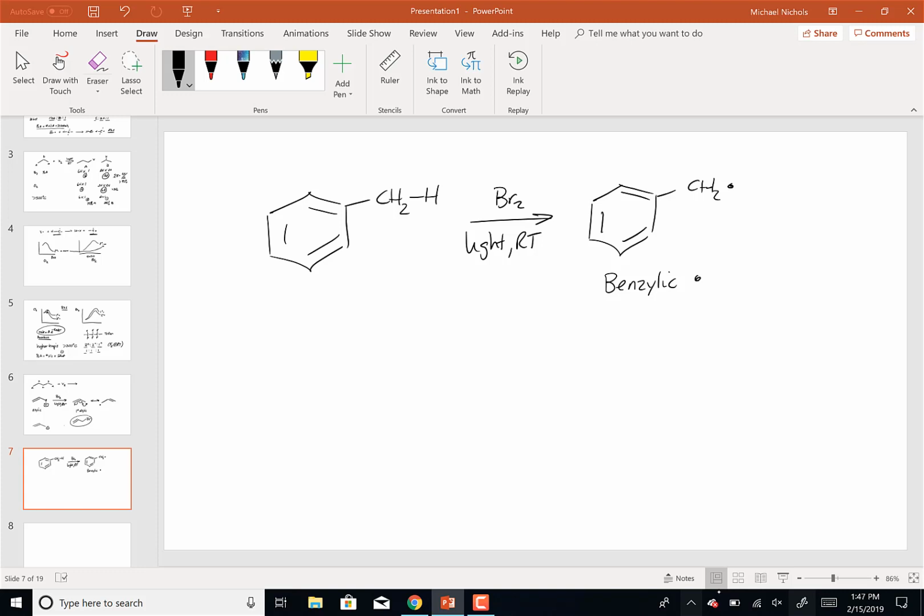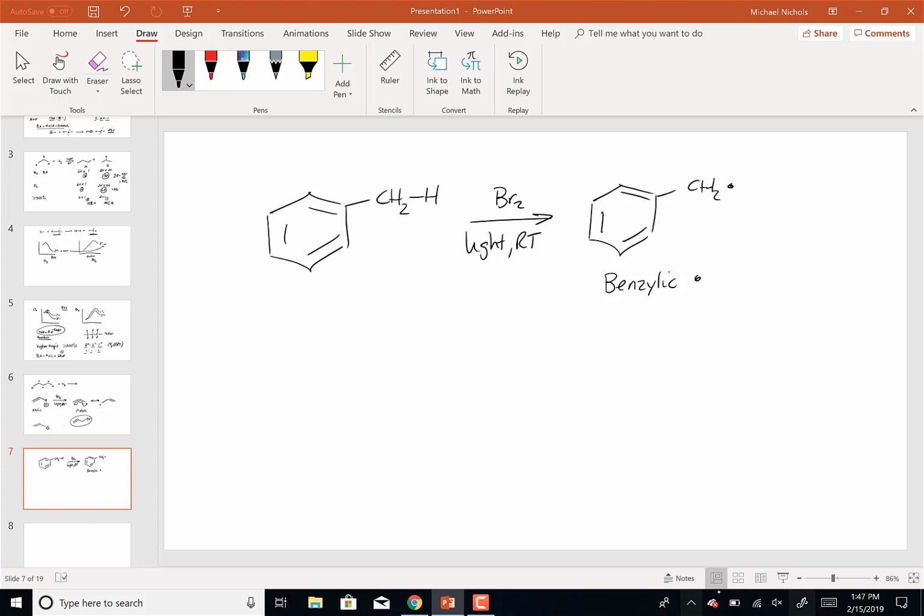Okay. Because there's three more resonance structures that you can draw for that radical. They almost made that a homework problem or take-home quiz problem as well, but we'll deal with that when we do the carbocations. Okay, so that's another special position.